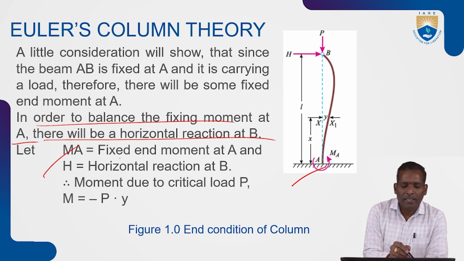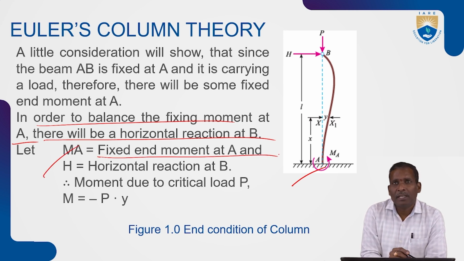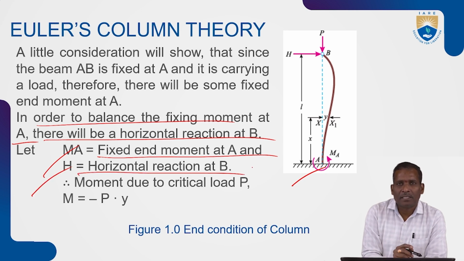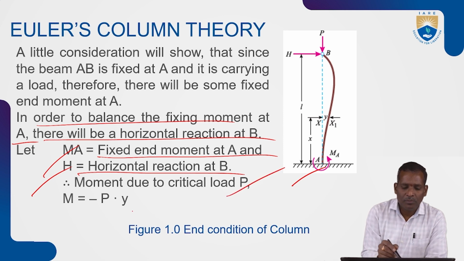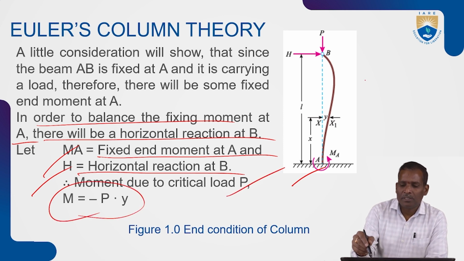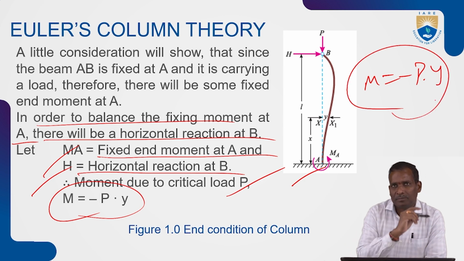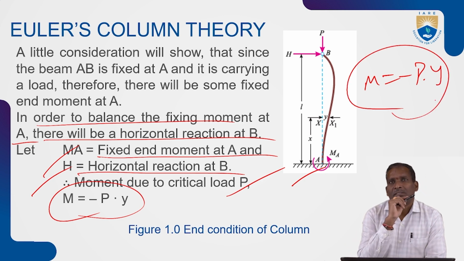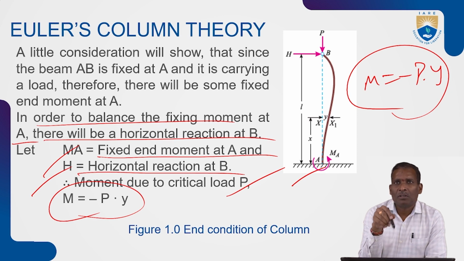So the moment at A is the fixed end moment, and H is the horizontal reaction at B. The moment due to critical load is M equal to minus P into y. These are the end conditions of the column shown in this figure.